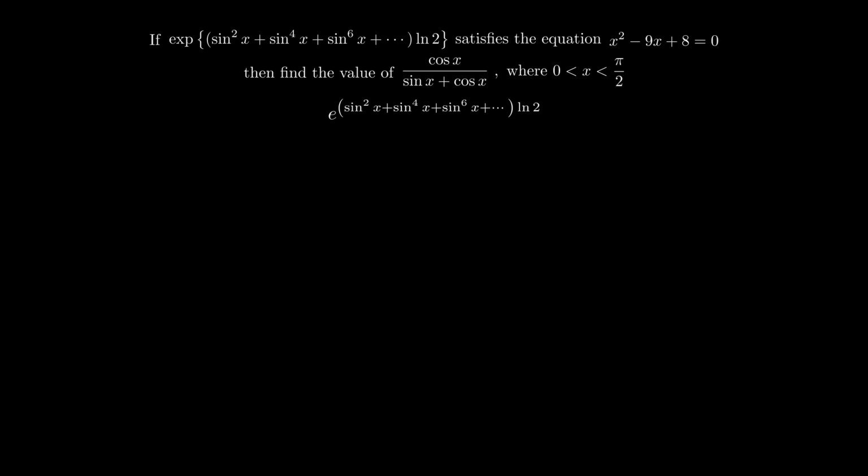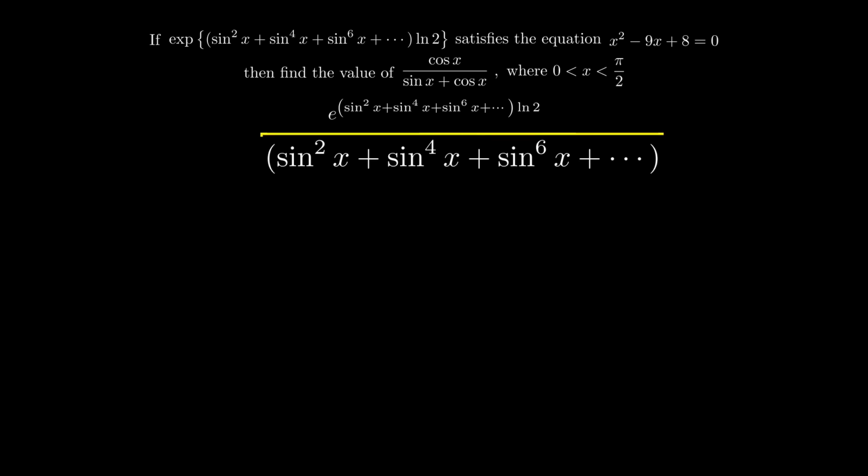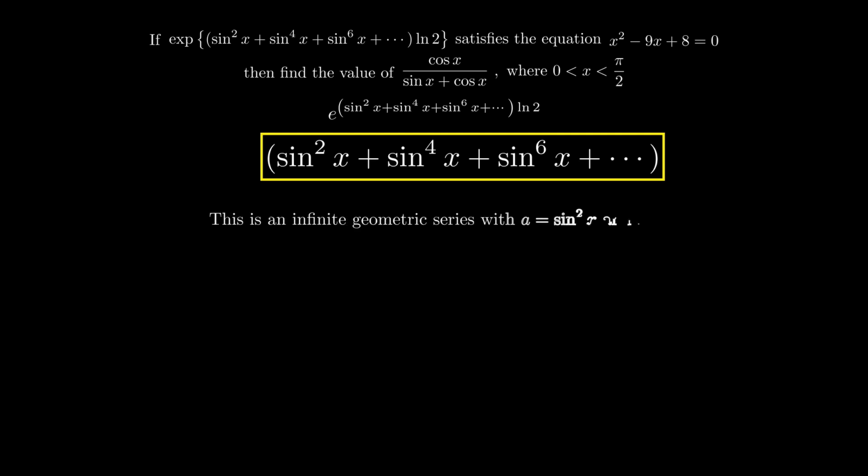You see, this sine series inside the exponential function can be rewritten as an infinite geometric series. If you're not familiar with this, a geometric series has a first term a and a common ratio r and goes on forever. In this case, both a and r are sine squared x.